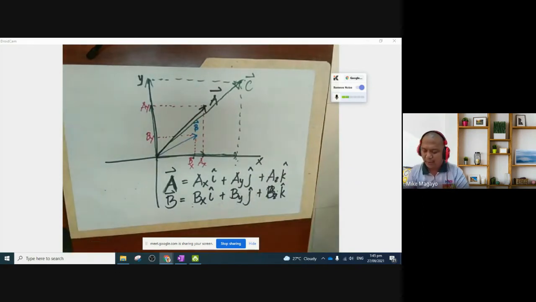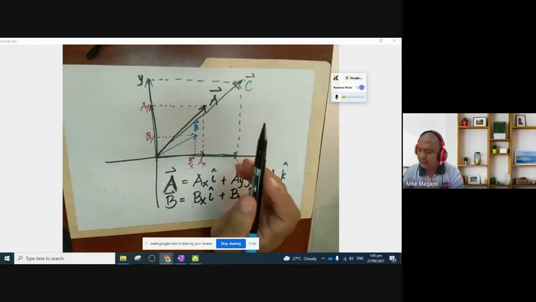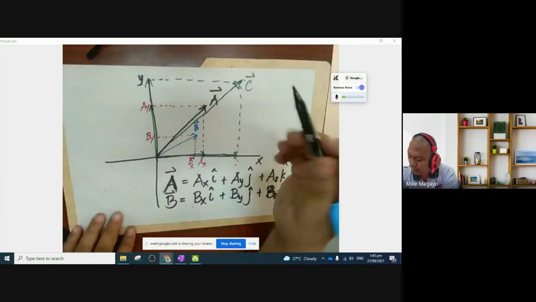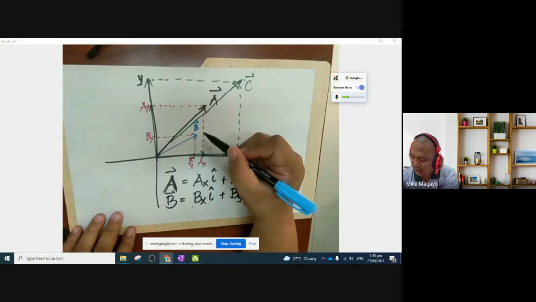For the parallelogram method, the first thing you should do is extend the vectors.